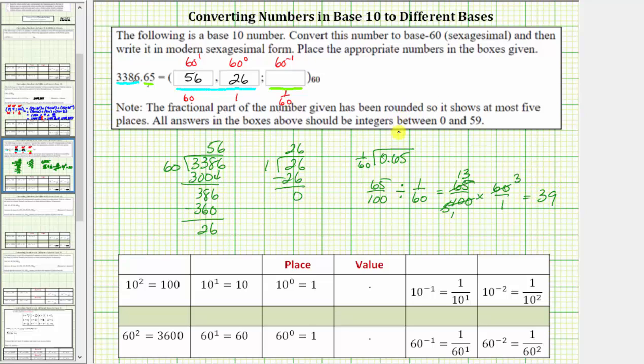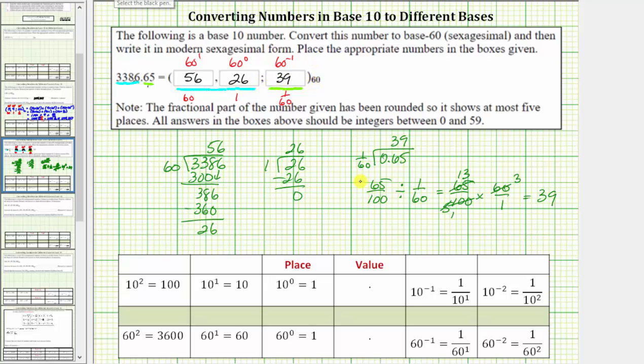And now we know there are 39 1/60ths in 0.65, which means 39 is the whole number in the 1/60ths place value. So 3,386.65 in base 10 is equal to 56, 26, semicolon 39 in base 60.